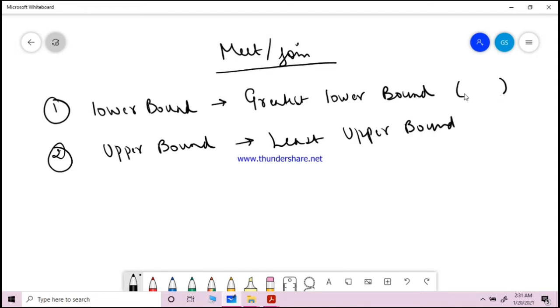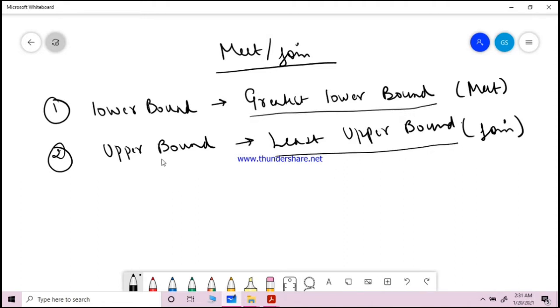The greatest lower bound is also called meet, and the least upper bound is called join.